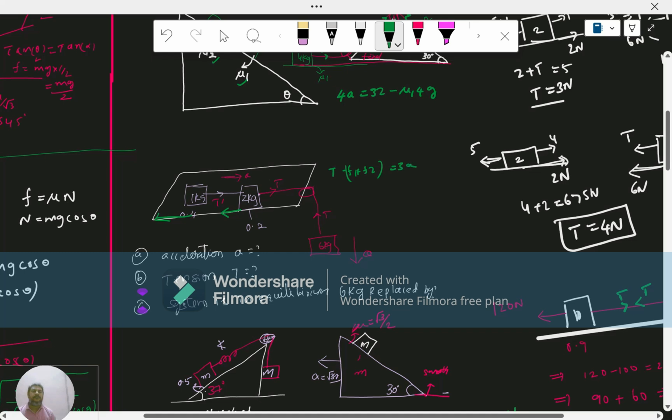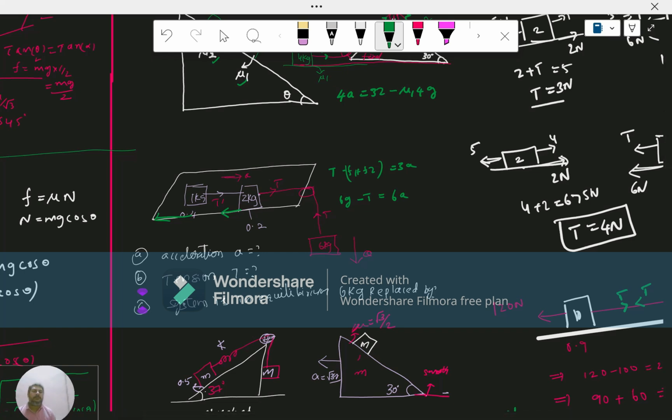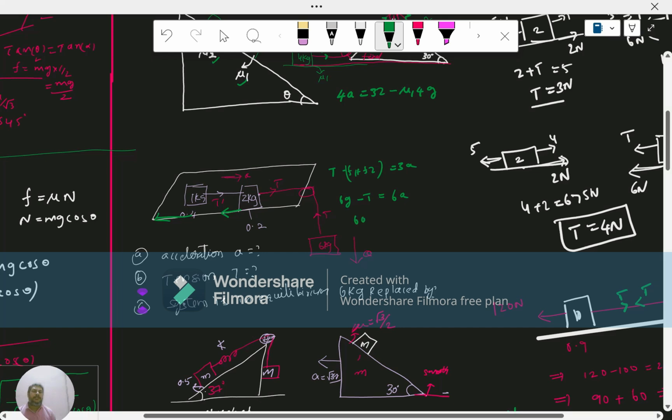And 6g minus T is equal to 6a. Adding these two, T cancels, therefore 6g minus F1 minus F2 is equal to 9a.